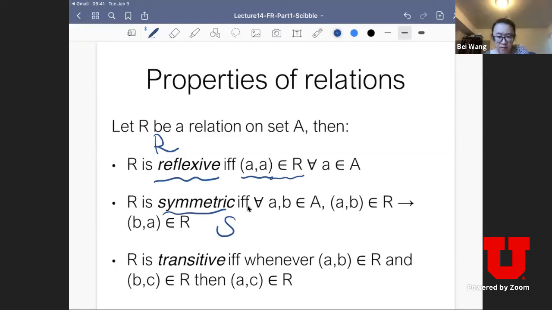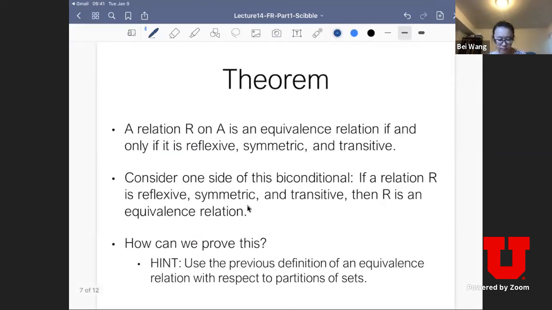It is symmetric if for any A, B in the set, (A, B) in R implies (B, A) is in R. The last one is transitive: whenever (A, B) is in R and (B, C) is in R, it implies (A, C) is in R. So a relation R on A is an equivalence relation if and only if it is reflexive, symmetric, and transitive. For something to be an equivalence relation, it has to satisfy those three properties.